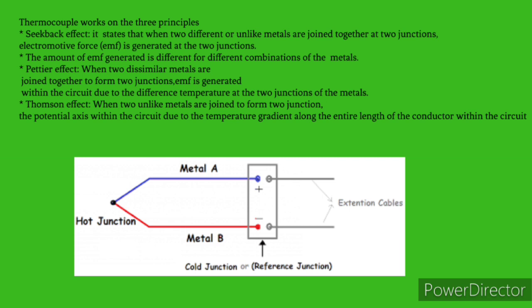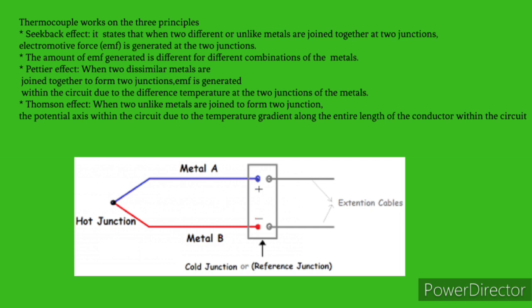The Peltier effect states that when two dissimilar metals are joined together to form two junctions, EMF is generated within the circuit due to the difference in temperature at the two junctions of the metal. That means because of the difference in the temperature of these two junctions, the EMF is created.